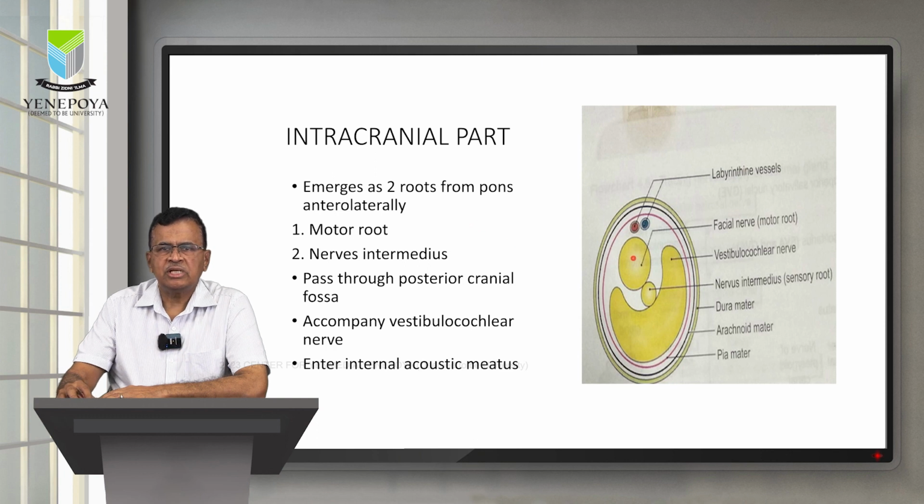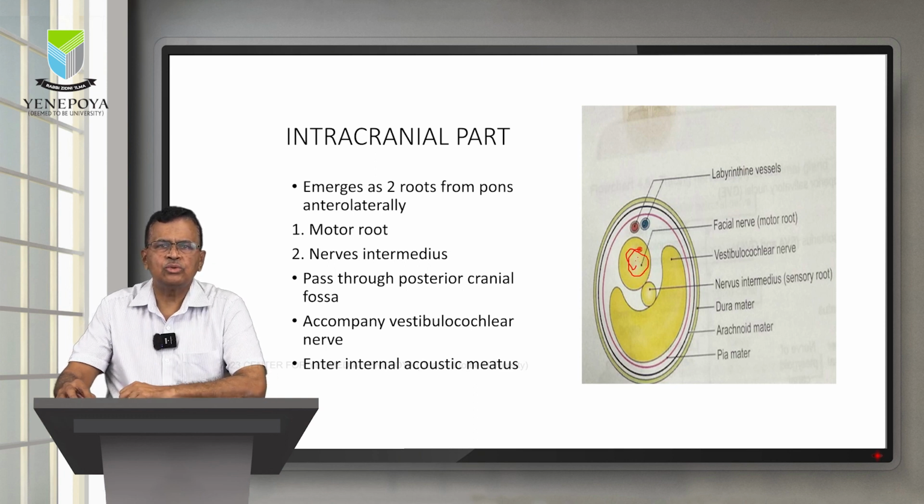This part of the facial nerve is closely related to the 8th cranial nerve. Both these nerves are invested by a common sleeve of dura mater, arachnoid mater and pia mater, where the motor and the sensory roots of the facial nerve are clearly visible here.